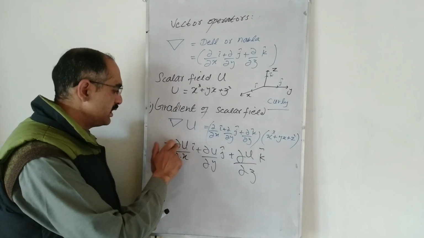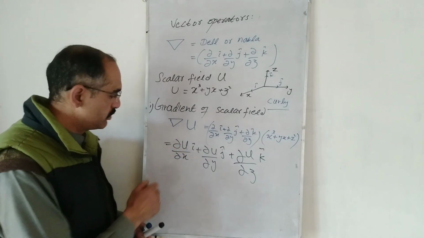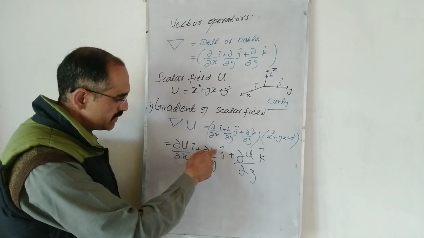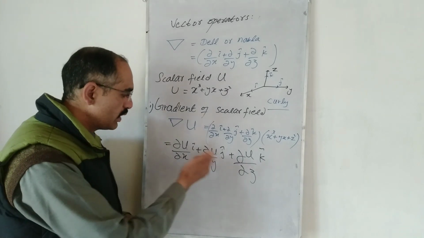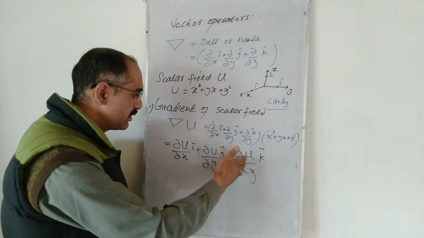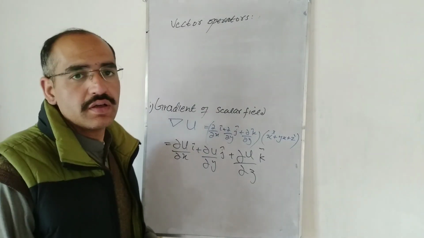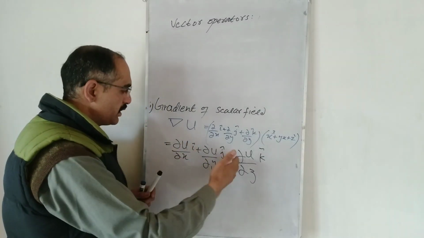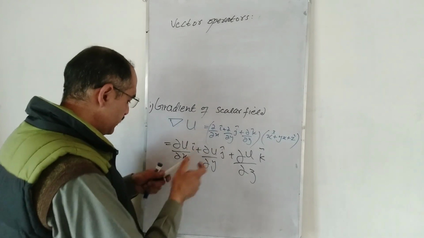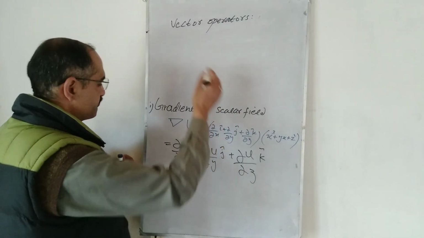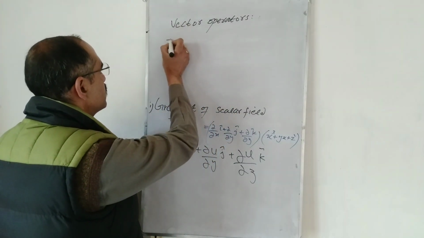That is the partial derivative of the scalar field with respect to x, the partial derivative of the scalar field with respect to y, plus the partial derivative of the scalar field with respect to z.